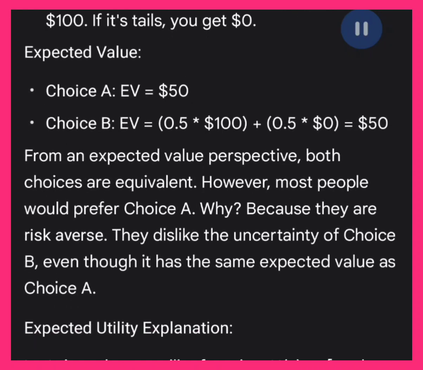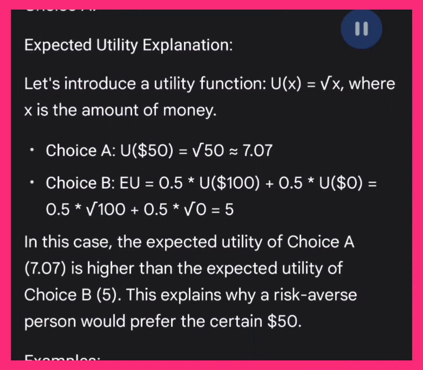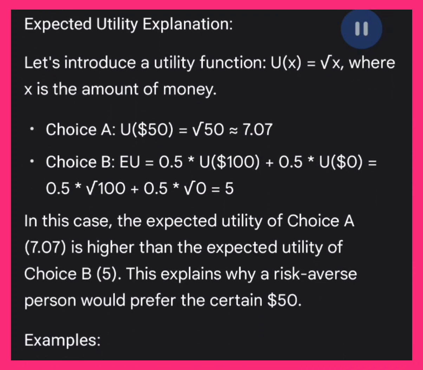Expected utility explanation. Let's introduce a utility function, u of x equals square root of x, where x is the amount of money. Choice A: u($50) equals square root of 50, approximately equal to 7.07.